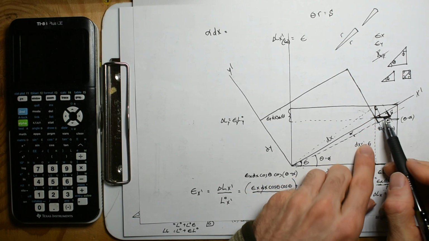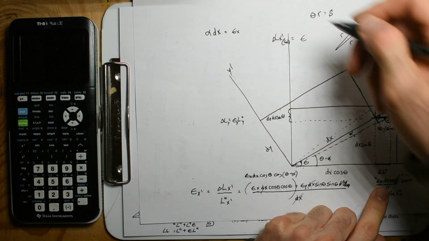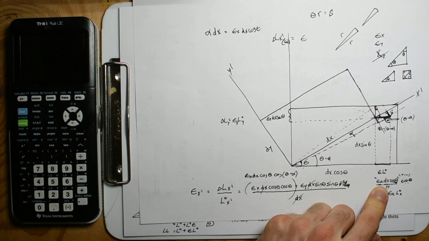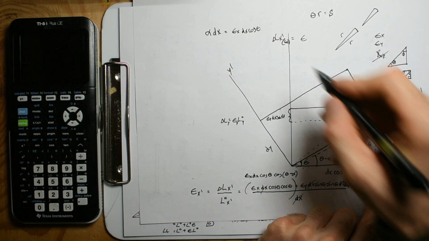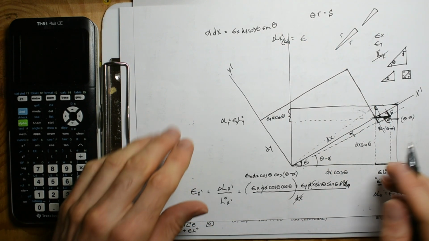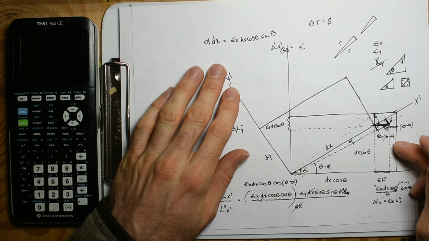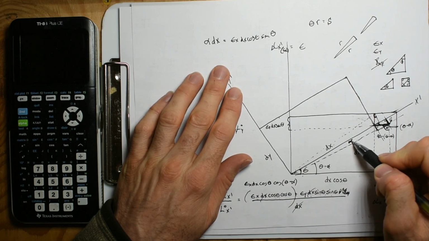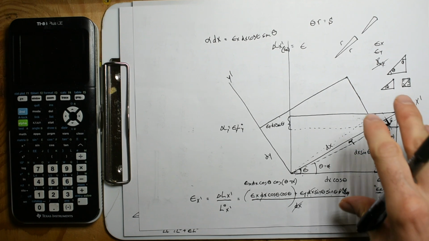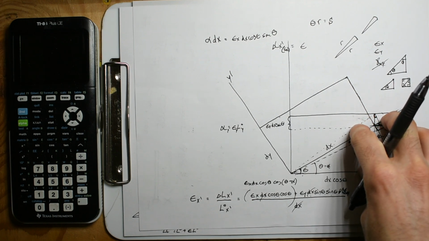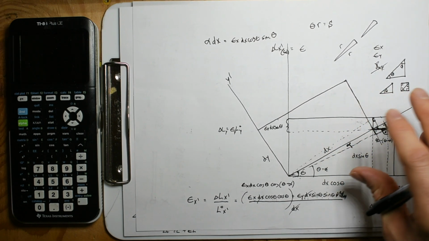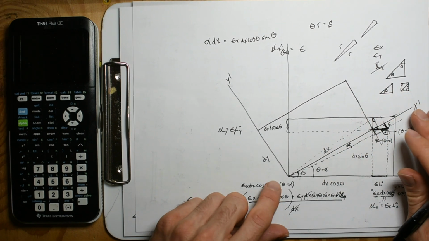That arc length is going to be this hypotenuse. That's going to be EX dx cosine theta. And then we're going to have the sine component of it. It's so bizarre. That's what makes my mind melt. Okay, we did a small angle approximation, but I really want to know how to solve for it truly accurately.